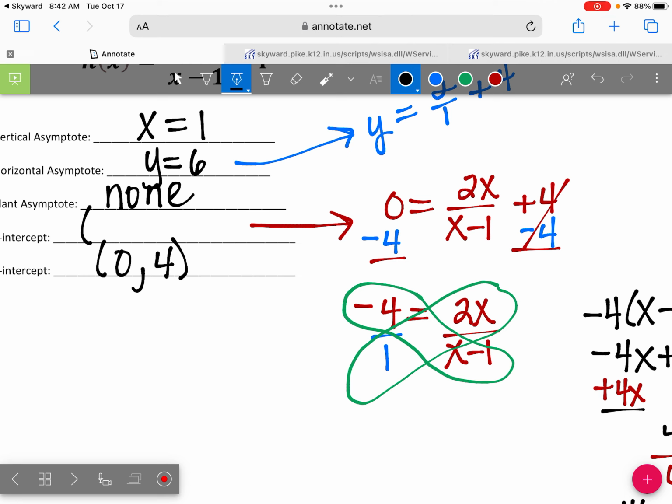So I did get a fraction for your x-intercept, so don't think you're wrong if you get a fraction for your x-intercept.